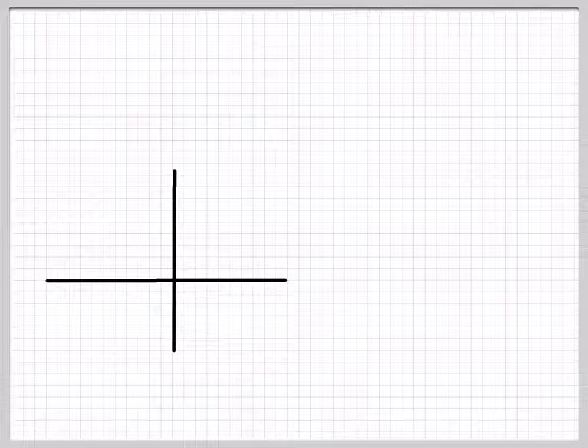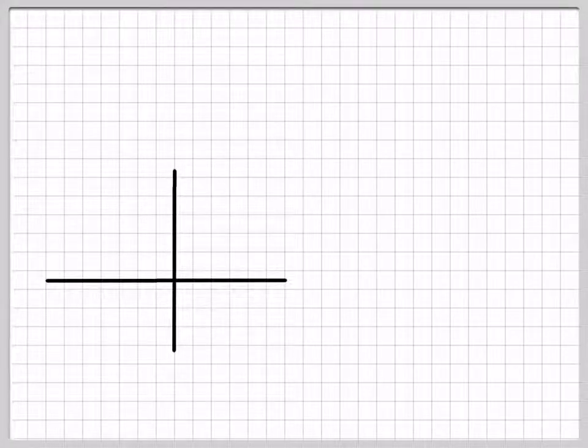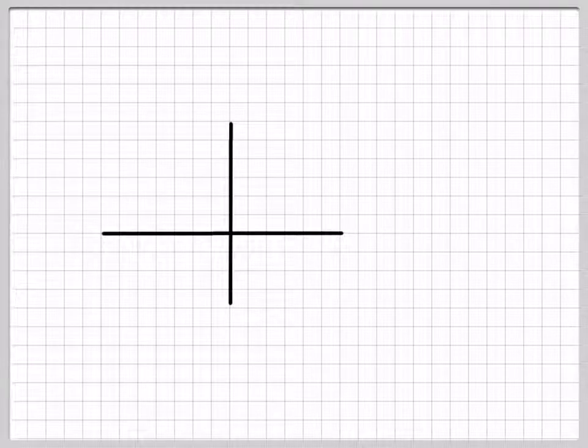There are some important values on my graph. Somebody tell me some of the important values that I might want to mark on my XY axis here. What values have been important that I found in my complete discussion of the graph? What X values? 0 is one of them. What else?